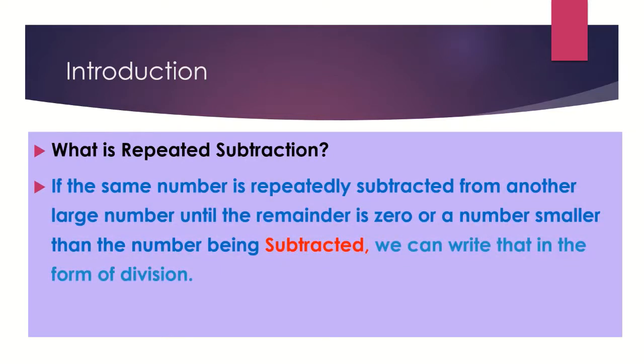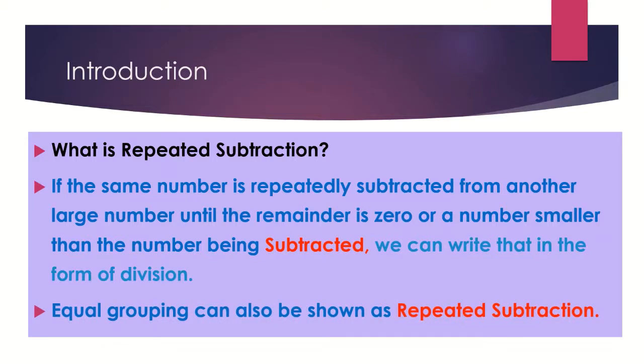If the same number is repeatedly subtracted from another large number until the remainder is 0 or a number smaller than the number being subtracted, we can write that in the form of division, or we can say that equal grouping can also be shown as repeated subtraction.